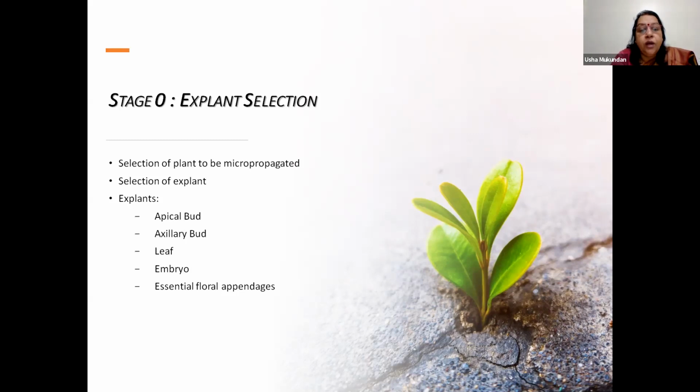Another very nice material to start with is you have the seed, and you can use the inner cotyledons for in vitro culture, or you can take the ovary and you can use the embryos for in vitro culture. Because they are already differentiated, you will get an entire plant. Floral appendages, in some cases the calyx, corolla are also used.